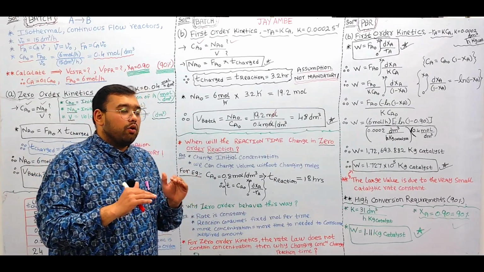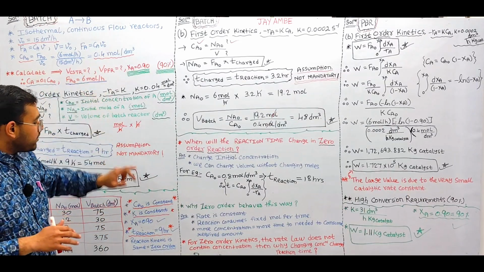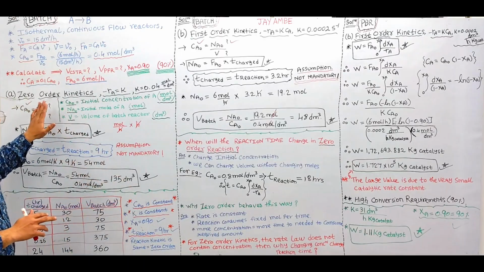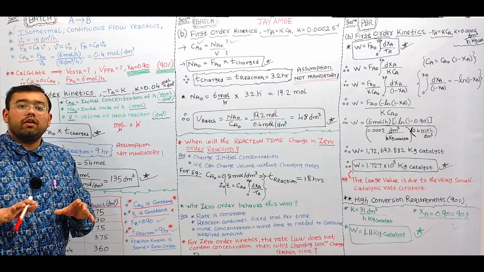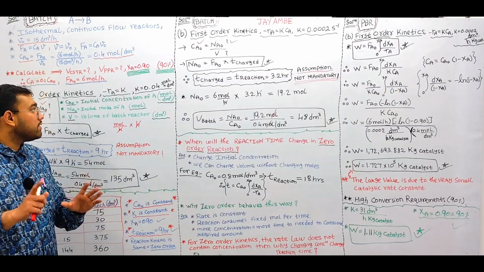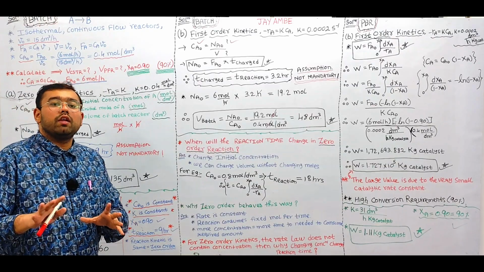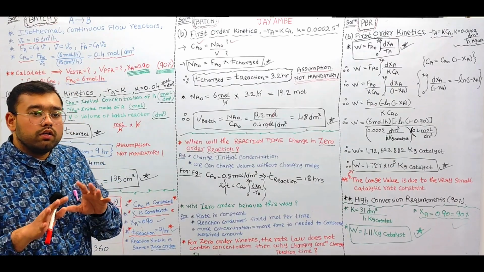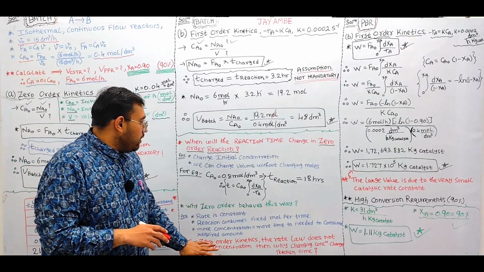And if we have the lower concentration, then for zeroth order reaction kinetics the batch reactor will take less time, because the speed is the same regardless of a higher or dilute concentration. I hope you have understood, right?